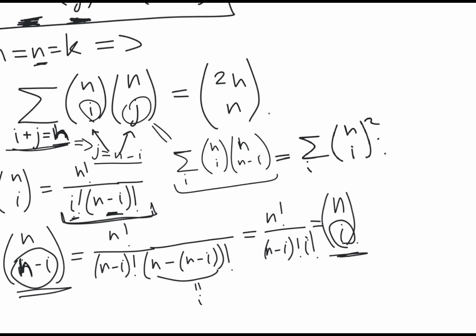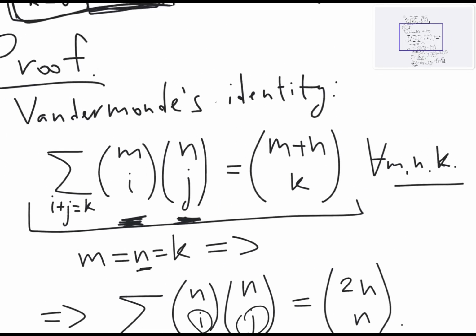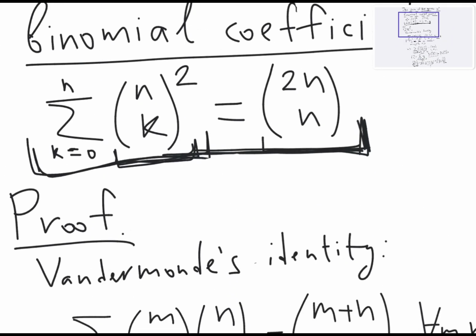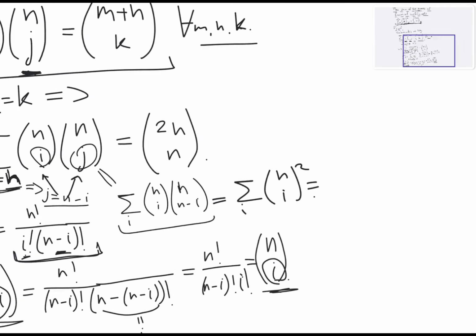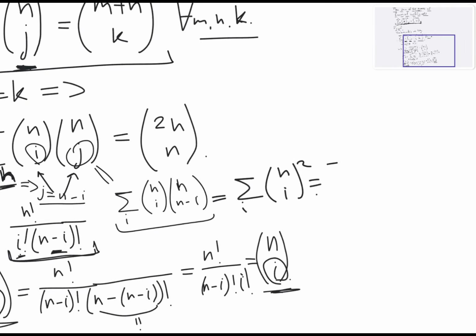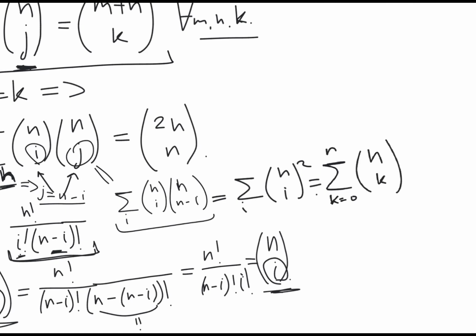We can replace the index by k just for convenience to have it the same as in the original statement. Instead of i, we can write k from 0 to n of n choose k squared.